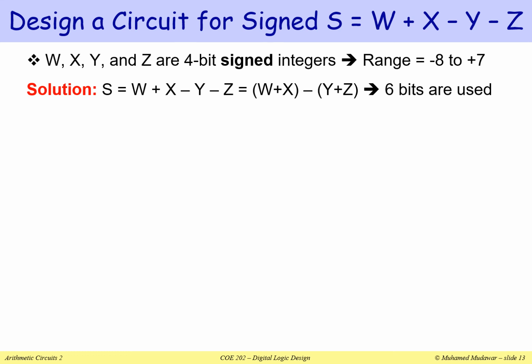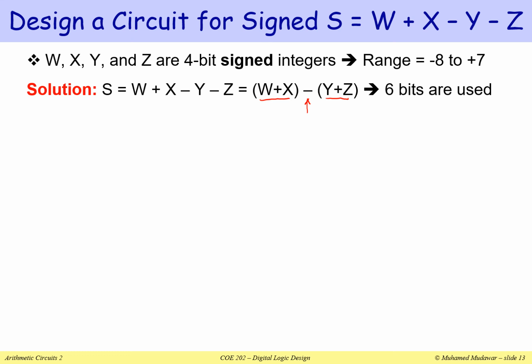So I need one adder for W plus X, another adder to calculate Y plus Z, and a third adder to calculate this subtraction here. I can convert subtraction into addition of the 2's complement. So I need 3 adders in total.